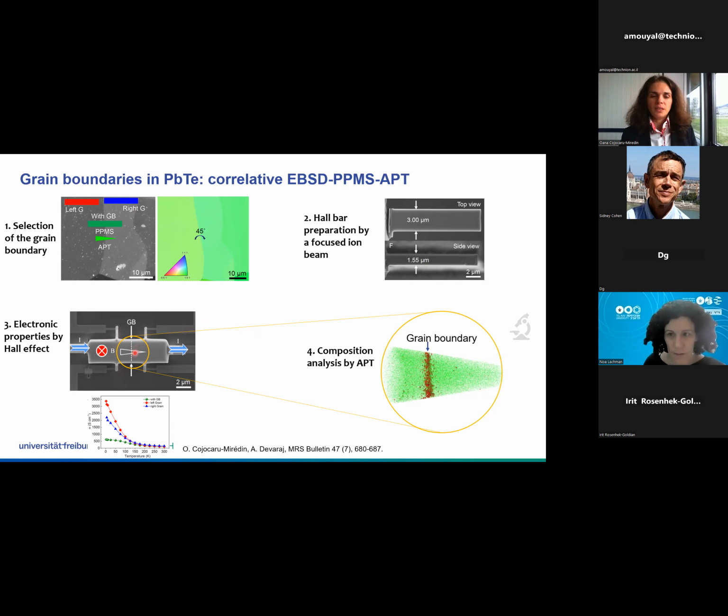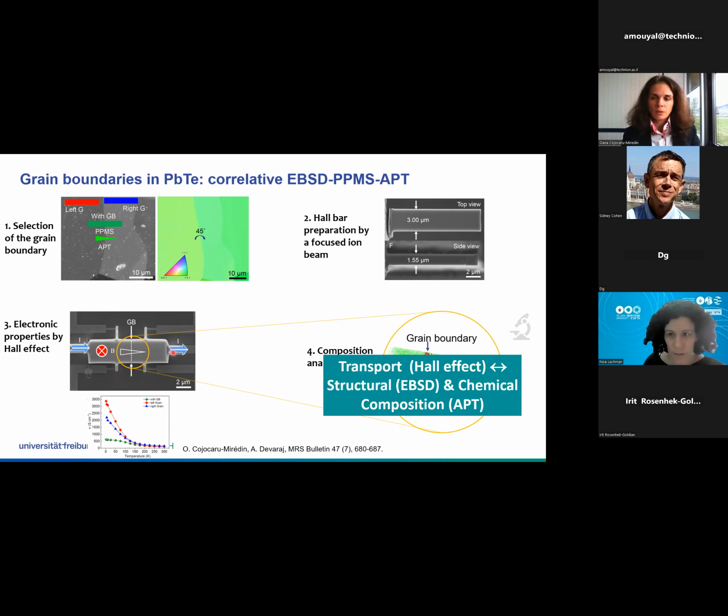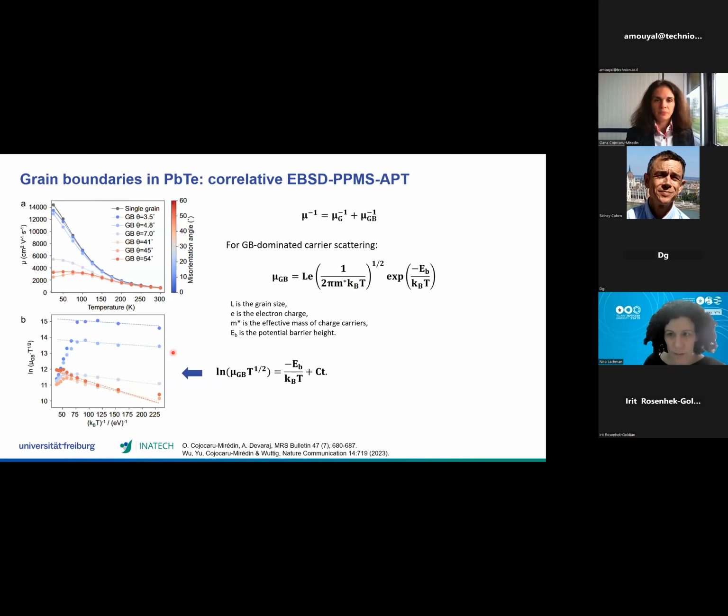And the last step is to determine the composition at the position of the grain boundary by fabricating a tip out of this grain boundary and determining the composition with atom probe tomography. So with this concept, we are now able for the first time to determine the interconnection between the transport, structure, and composition down to the grain boundary level and a portion of a grain boundary.